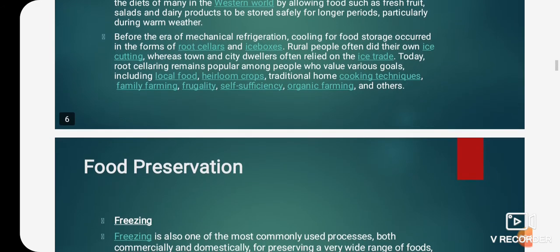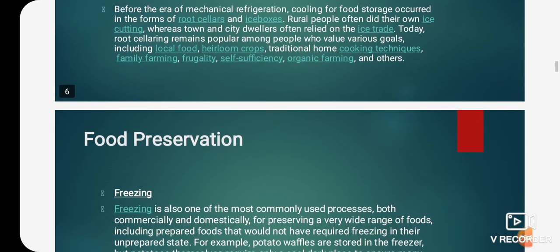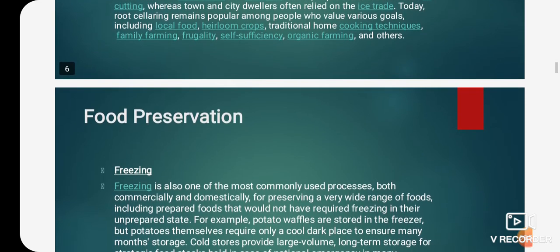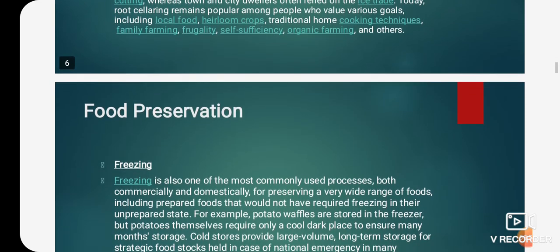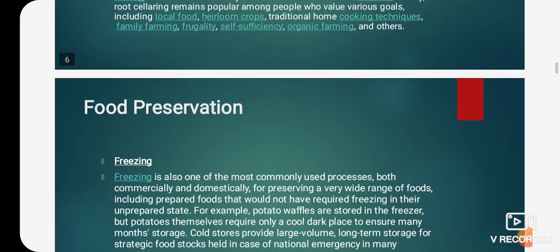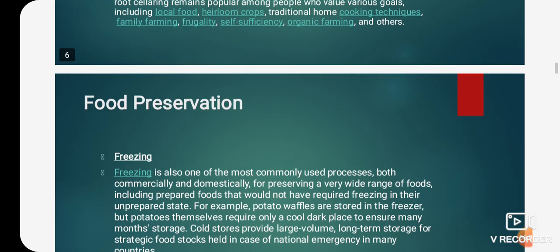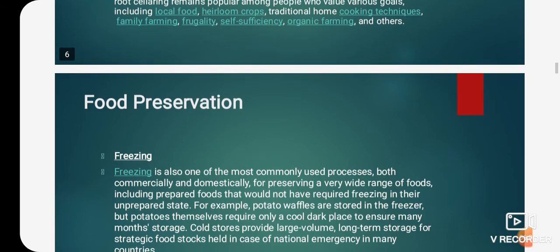So, students' next technique is freezing. Freezing is also one of the most commonly used processes, both commercially and domestically, for preserving a very wide range of foods, including prepared foods that would not have required freezing in their unprepared state.